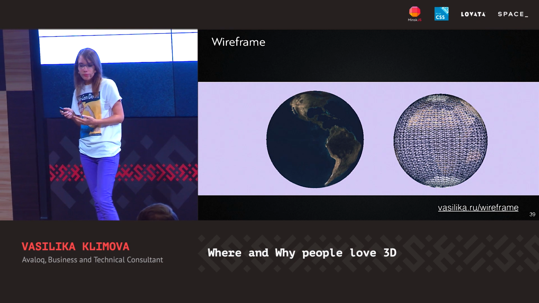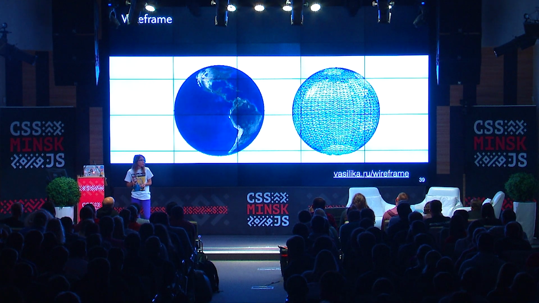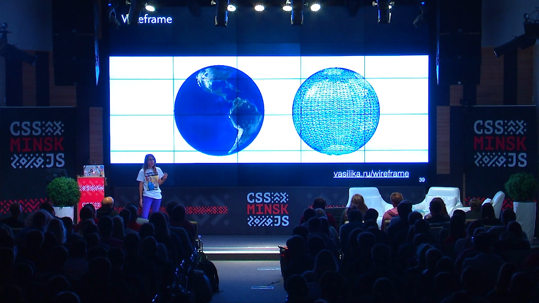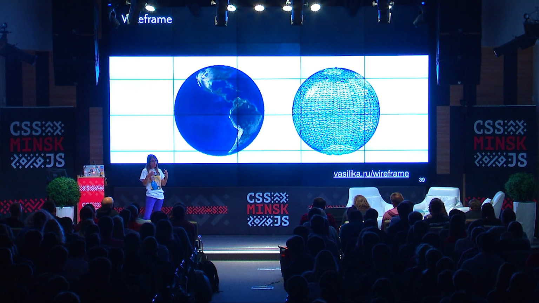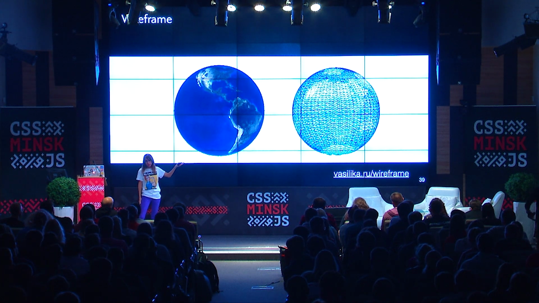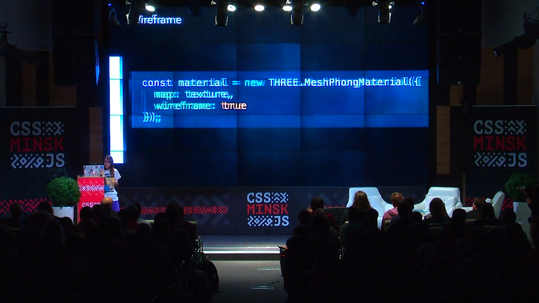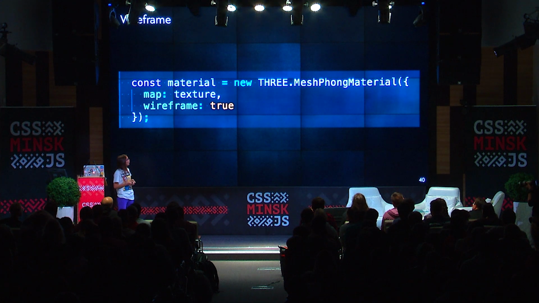And another example is wireframing. It could be interesting for small use cases when you need to see some geometry of this model. You can understand how many polygons are in this model using this wireframe mode.